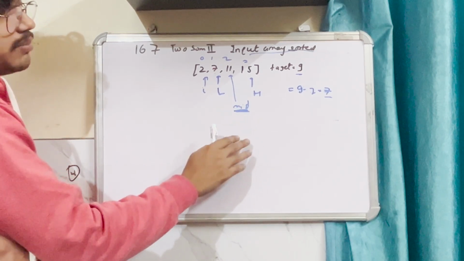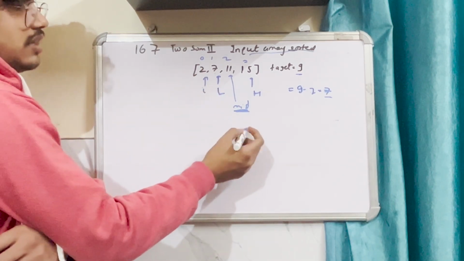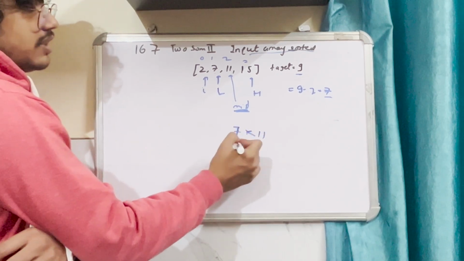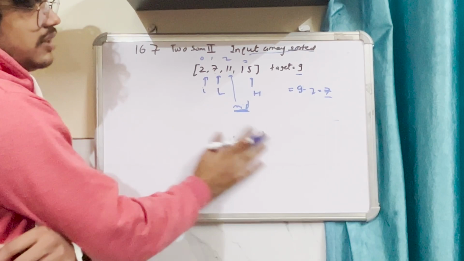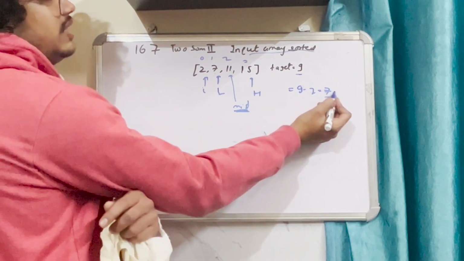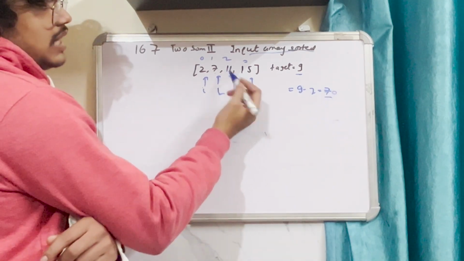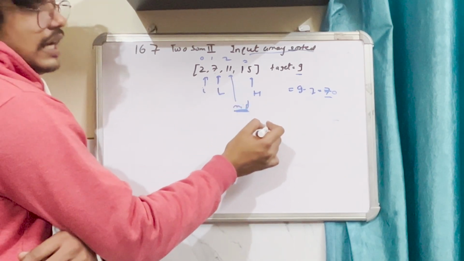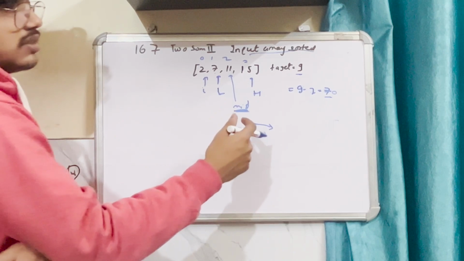Because the array is sorted, and if you are finding 7, which is less than 11, it will be on the left hand side. And if the value, for example, is 70, we came at 11 and saw that 70 is greater than 11, so it will definitely be on the right hand side if it exists.